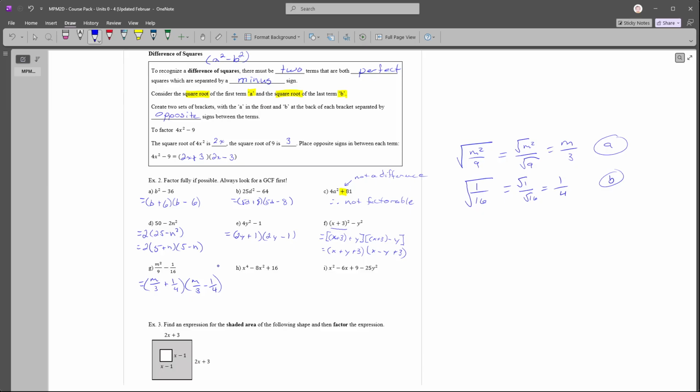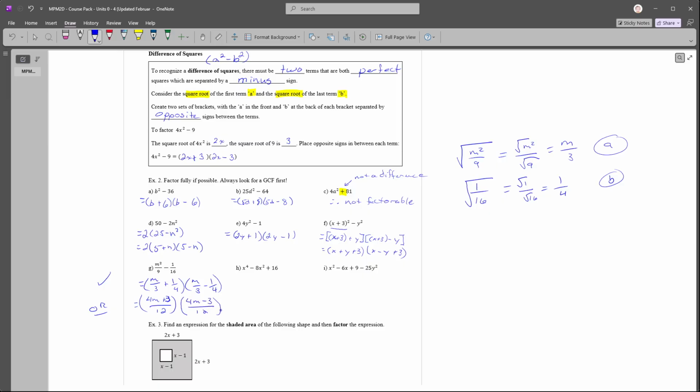Now we can leave it like this, and that's perfectly fine. Or you can take it one step further if you wanted, and you could find a common denominator and add those things together to simplify the terms themselves. It's completely up to you. However, if you wanted to take it one step further, you're going to find a common denominator of 12 for each one of these sets of brackets, and you're going to end up with 4m plus 3 over 12, and over here, 4m minus 3 over 12.